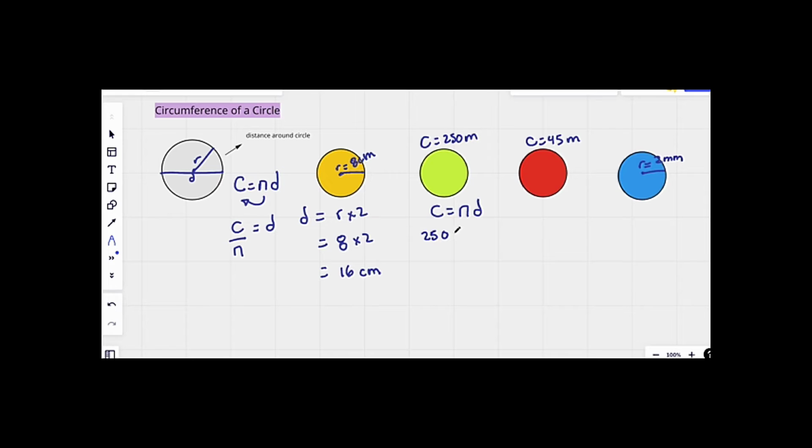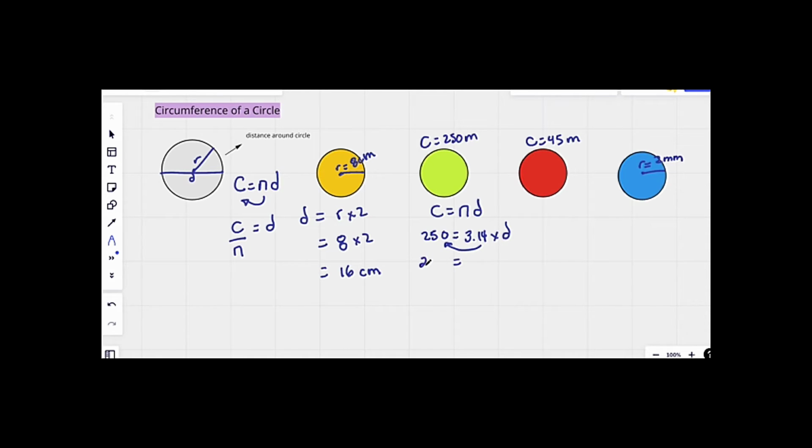We have 250. Do we know what pi is? Well, pi is always the same thing. It's 3.14. And do we know what the diameter is? No, that's what we're trying to solve. So in order to solve it, we've got to leave diameter on its own. We've got to leave that d alone. And so we've got to move this one to the opposite side. And in order to do that, we've got to divide, because right now it's multiplying.